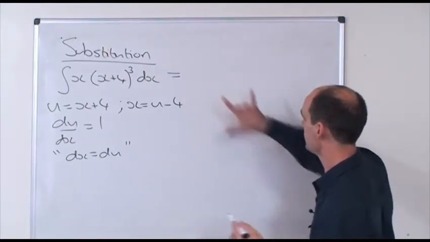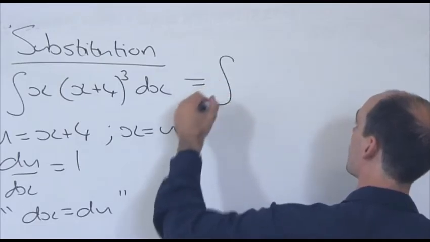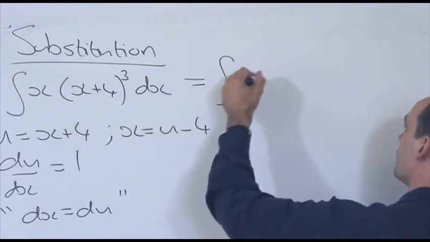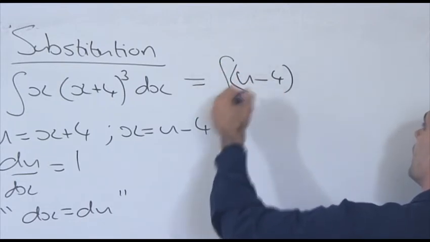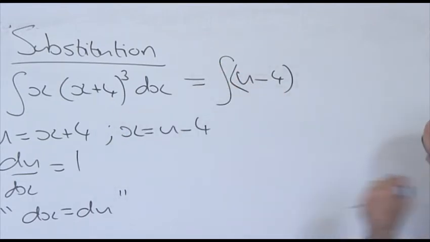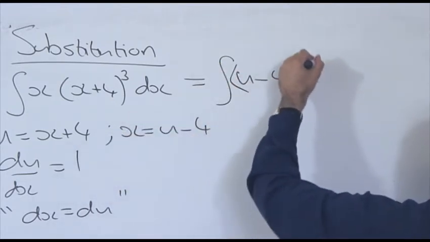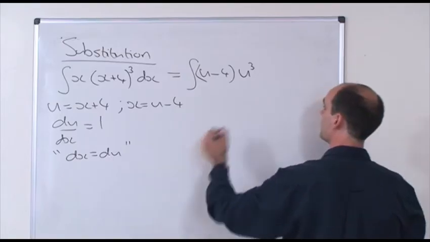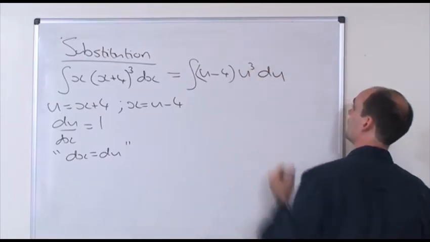Okay, so let's substitute for everything. So we end up with the integral of, wherever I see an x, I can put a u minus 4, multiplied by x plus 4 cubed, that's the same as u cubed. And wherever I see a dx, I can put a du. There we go.